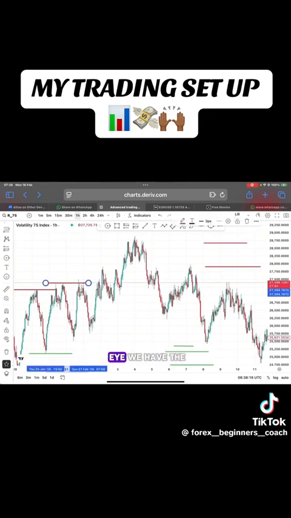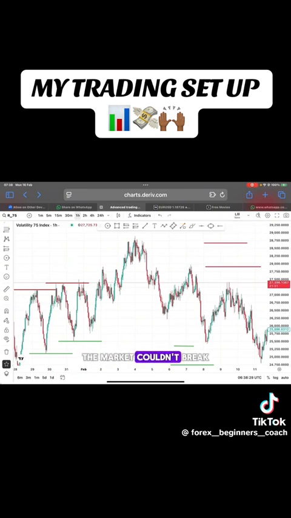So from this new high, we have the next low here. Then from this next low, the market couldn't break it. That is why you have this over here. The market broke it with a wick, but that's not what we're looking for. We're looking for the body of a candle. Okay, so finally, after much movement, the market broke it, and we have this.